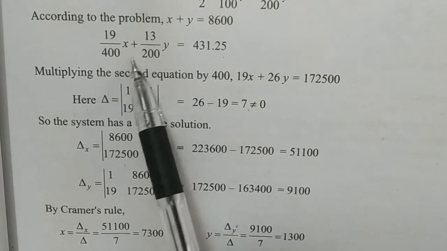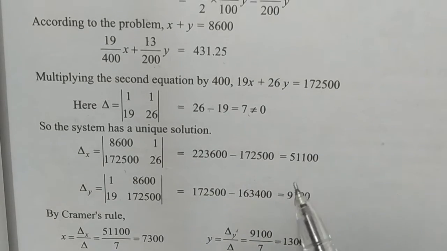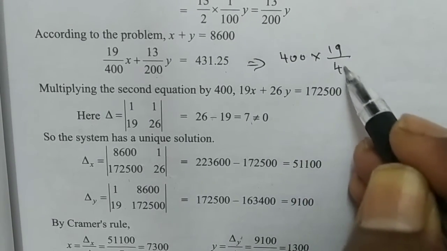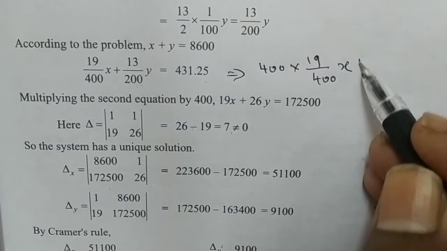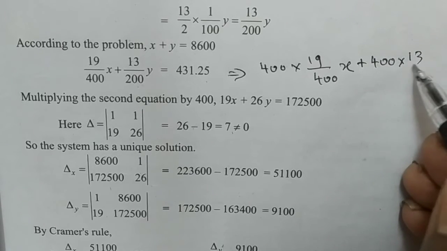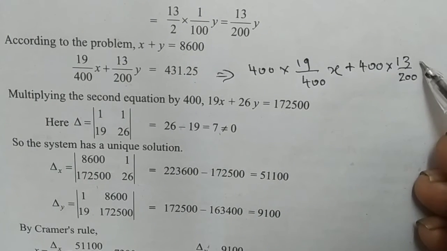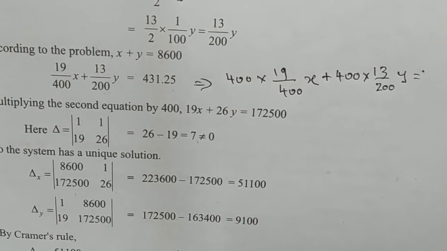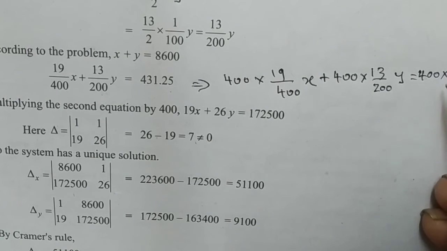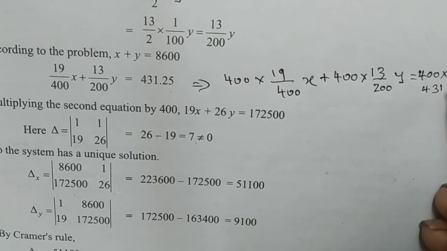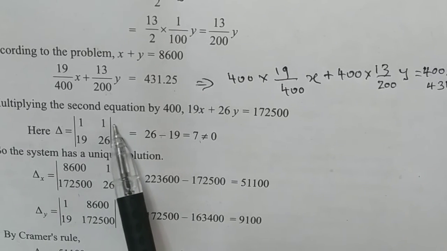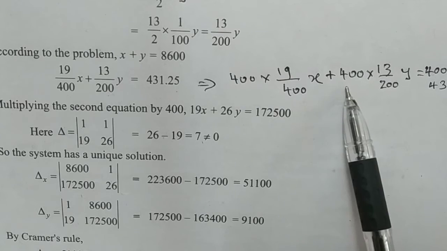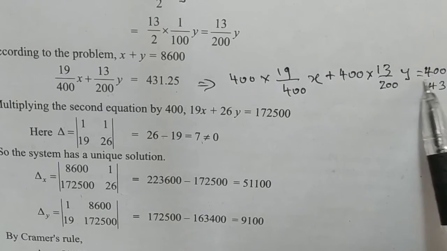Here 400 and 200 cancel, giving 2. So 400 into 19 by 400 into x plus 400 into 13 by 200 into y equals 400 into 431.25.